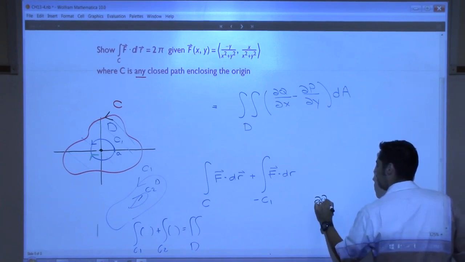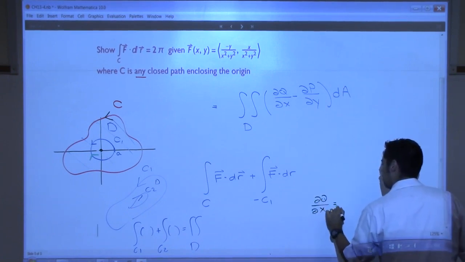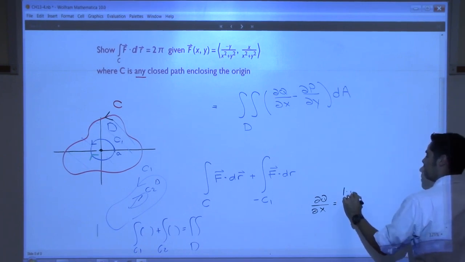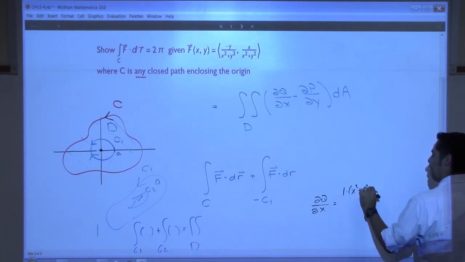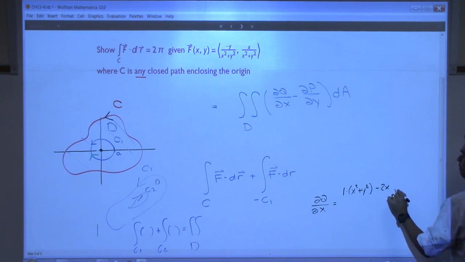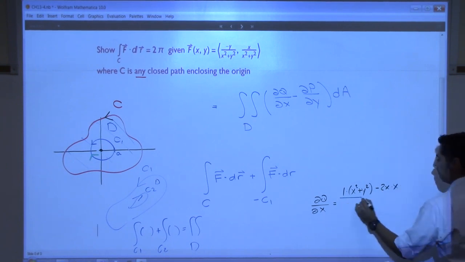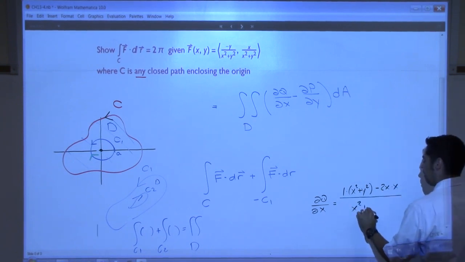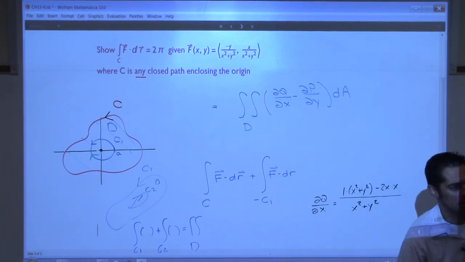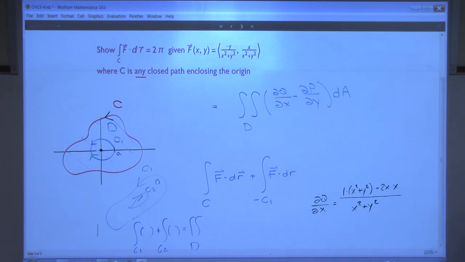Partial of q with respect to x is equal to the derivative of the top times the bottom, minus the derivative of the bottom, x, times the top, all over x squared plus y squared, squared. Are y'all all right with this? Seems like I lost y'all there.